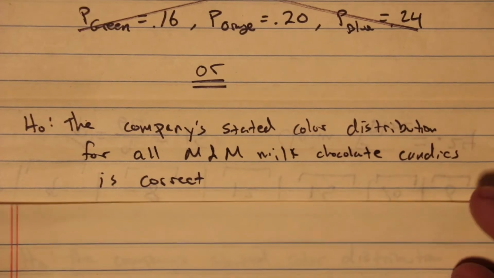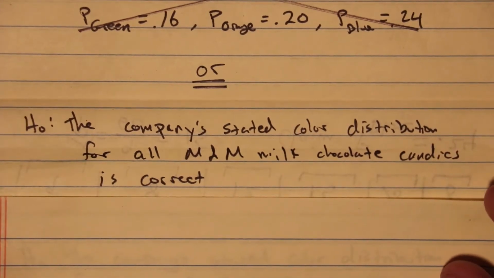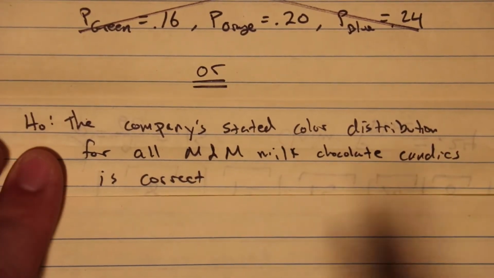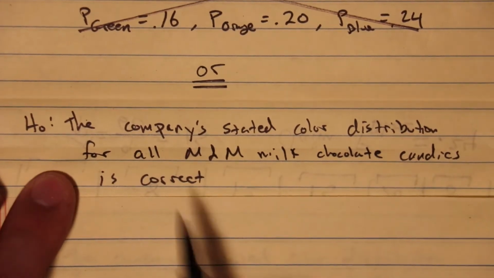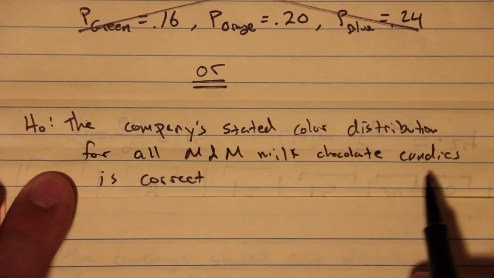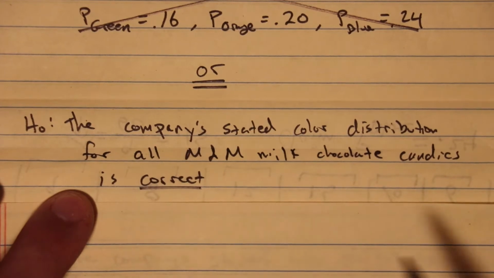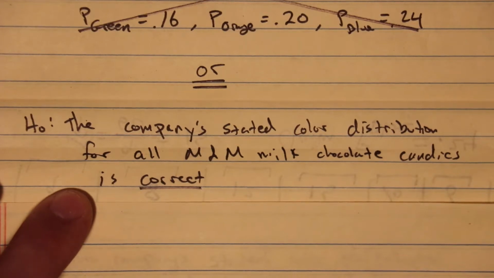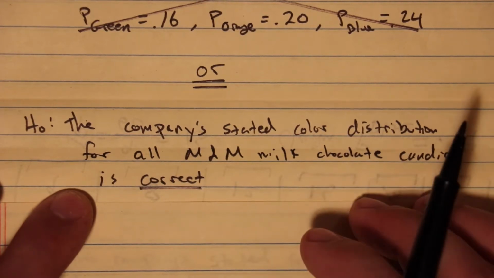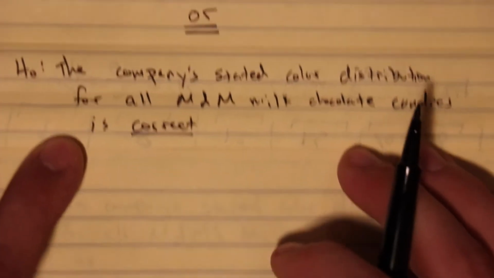We can just write it out in words. Our null hypothesis is the company's stated color distribution for all M&M milk chocolate candies is correct. And I bet some of you are thinking, wait, does that mean that the alternative is simply that it's incorrect? And you'd be right.